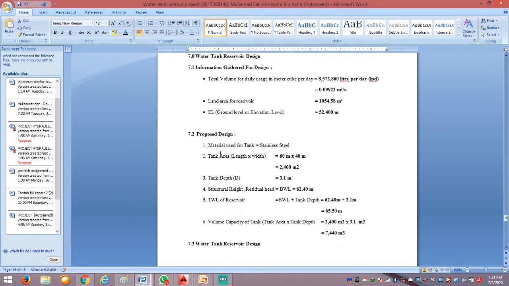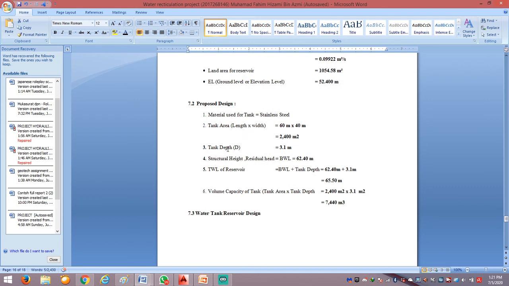This is the proper design that I use for the tank, which is stainless steel, and the tank that I use is 100 meter for the length and 40 meter for the width, and the area is 2,400 meter square. And the tank depth I use is 3.1 meter.